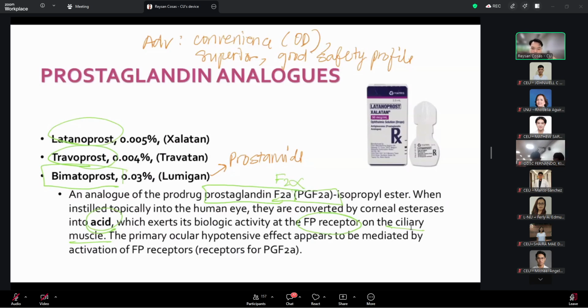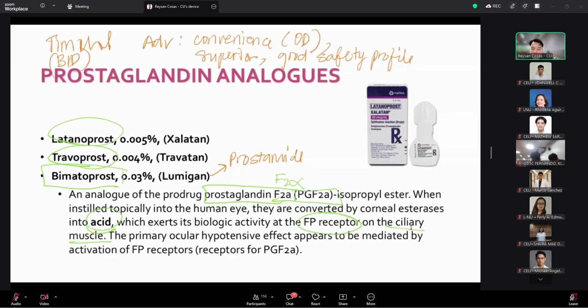Okay, so compared to the other drugs, yung pangalawang sikat aside sa mga prostaglandin analogs, yung mga beta blockers like timolol. So sa timolol kasi, this is given twice a day. Okay?